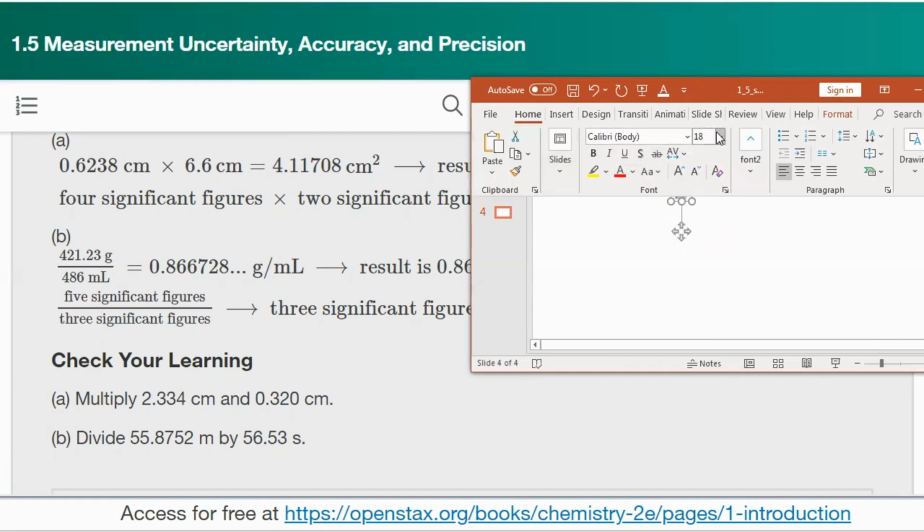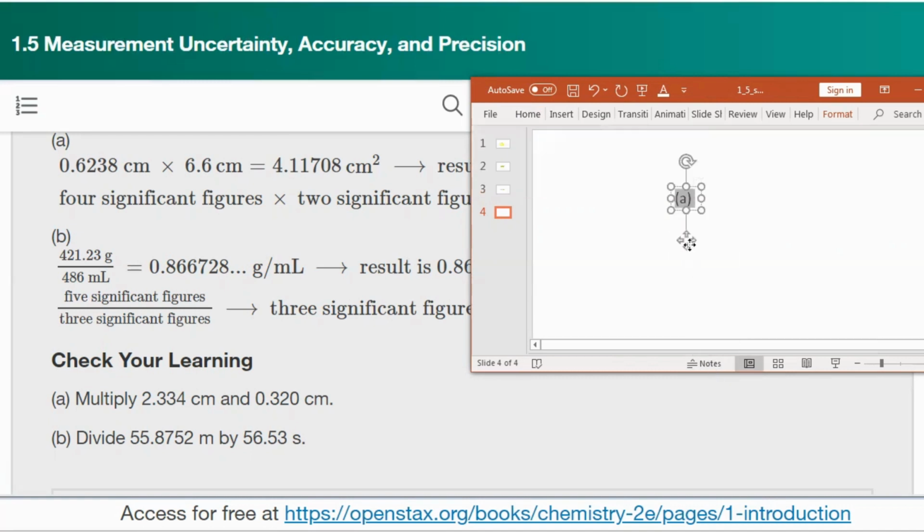So, let me just set this all up here. All right. So we're going to multiply 2.334 centimeters times, I use a star for times, 0.320 centimeters.